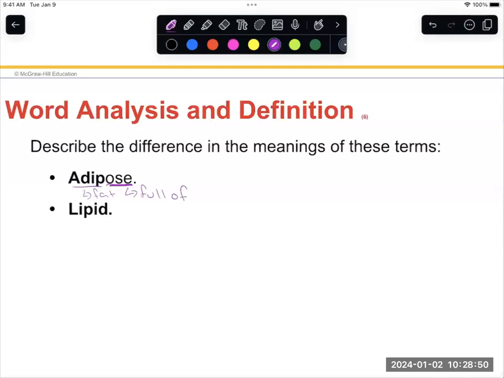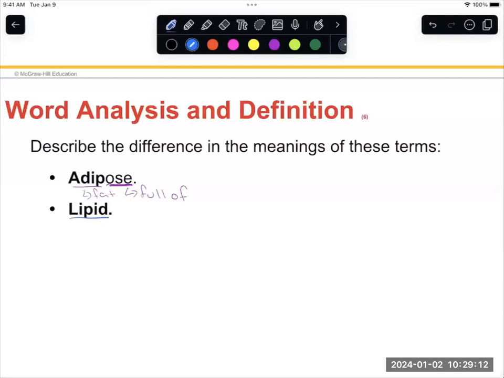We also have a fat pad behind our elbow. So if you hit the back of your arm on a table, you're hitting a fat pad. Your eyeballs sit in fat as a cushion because it sits in a very bony area, so it needs some kind of cushion from that bone.